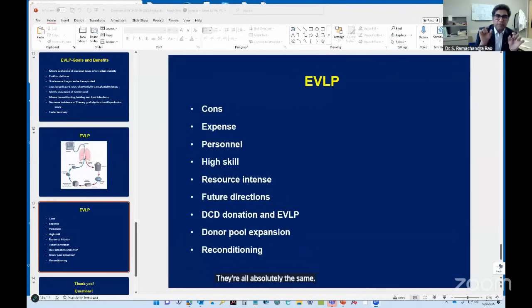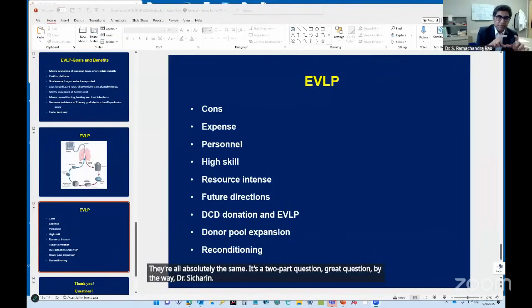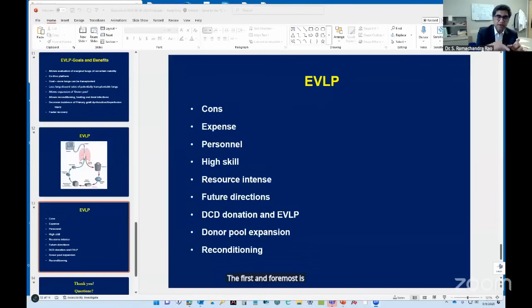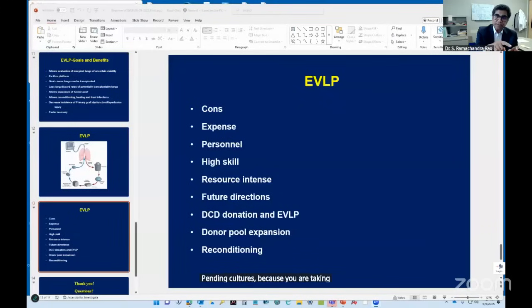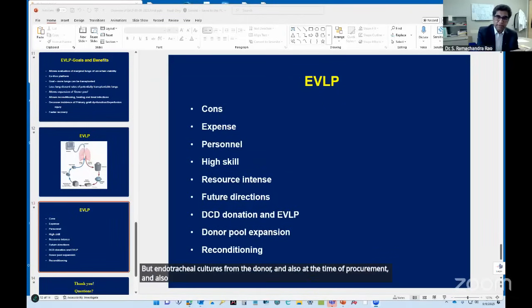It's a two-part question. Great question, by the way, Dr. Sricharan. First and foremost, you've already started reconditioning them in case there is an infection, pending cultures, because you are taking cultures, not only blood cultures from the donor, but endotracheal cultures from the donor, and also at the time of procurement, and also when you're putting it on EVLP.